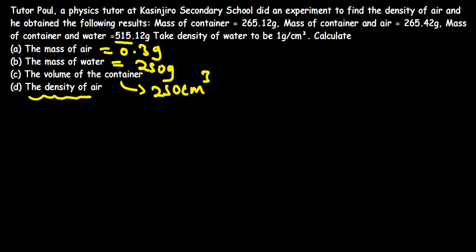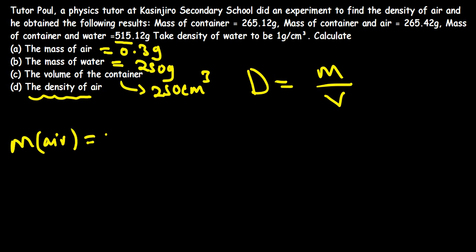We know that density is equal to mass over volume. So what do we know about air? We know that the mass of this air is 0.3 grams. And what is the volume of the air?